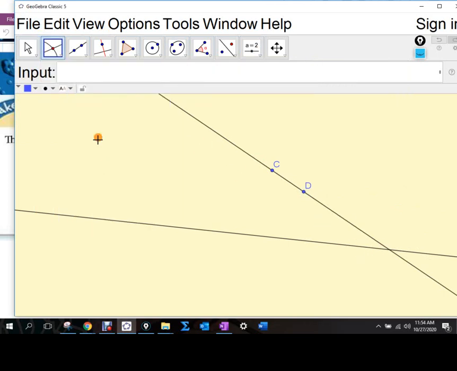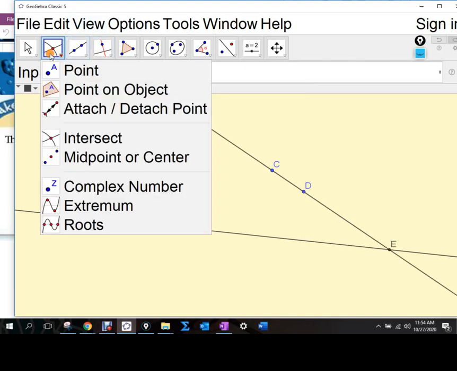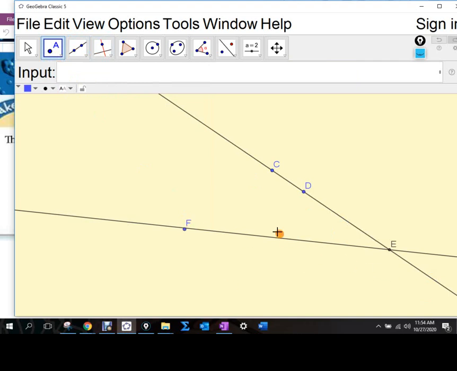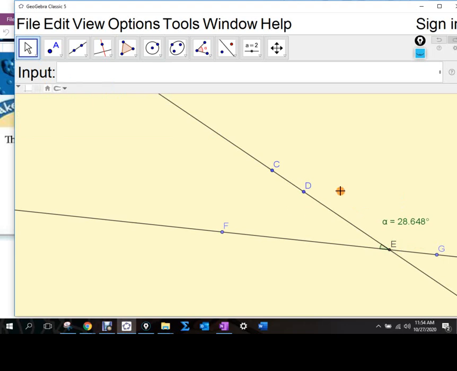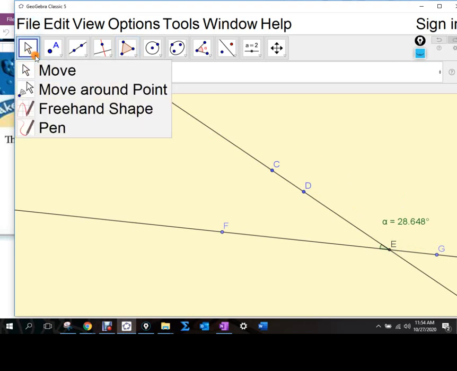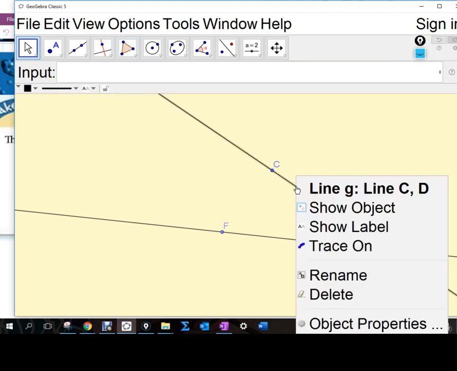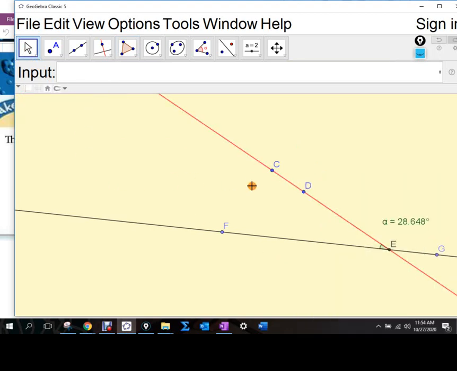Okay, so if I look at what do we need for them to be perpendicular? We need 90 degrees. Okay, so if I look at that angle right there, it's 28.648 degrees, right? So we're asking how many lines go through that point C but are perpendicular to the given line.